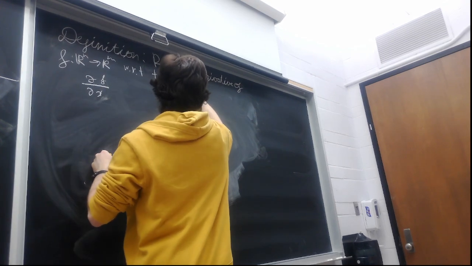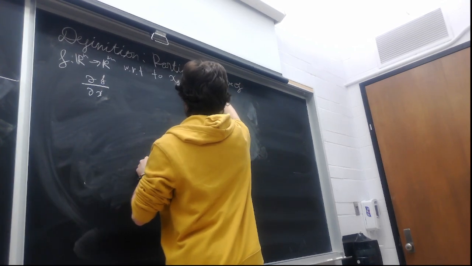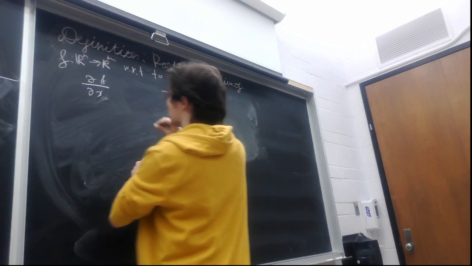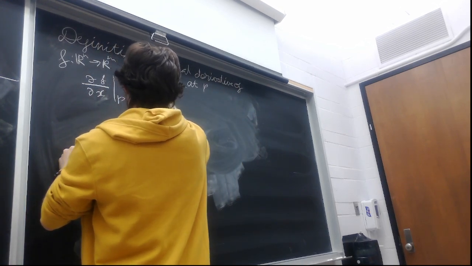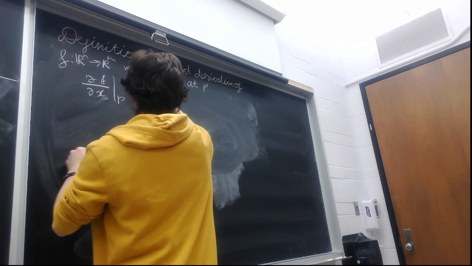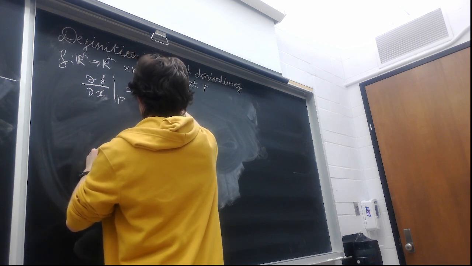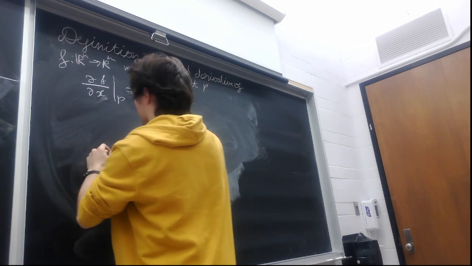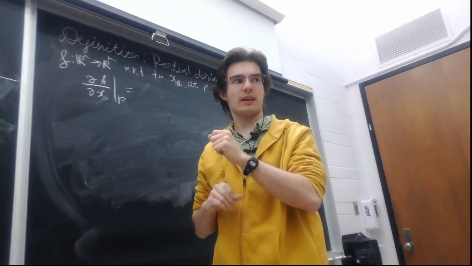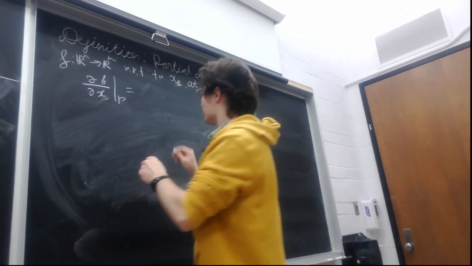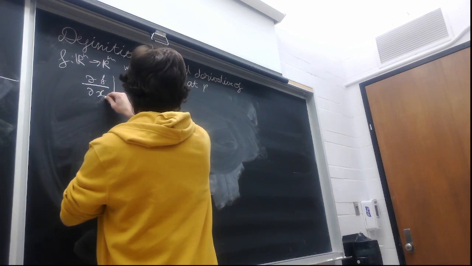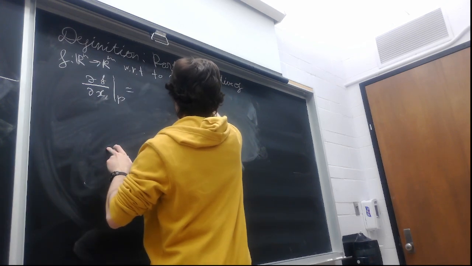the partial derivative with respect to x_i at p is equal to just, I fix all of my entries and take a derivative with respect to x_i.